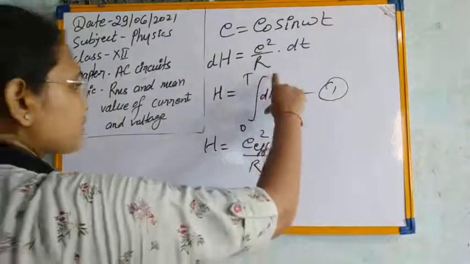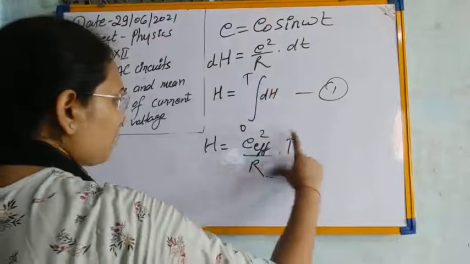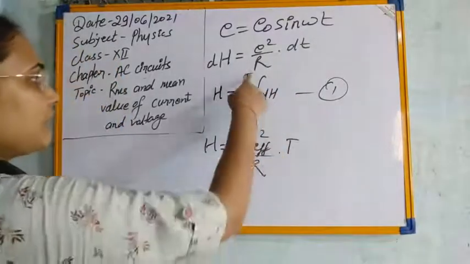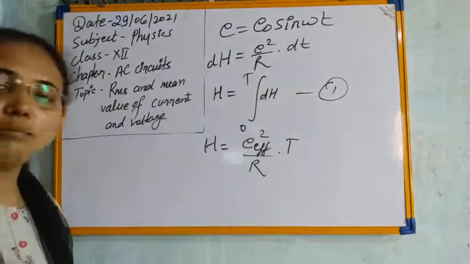By definition, the heat produced by AC should be equal to the heat produced by DC for the same time T, for the same resistor R.